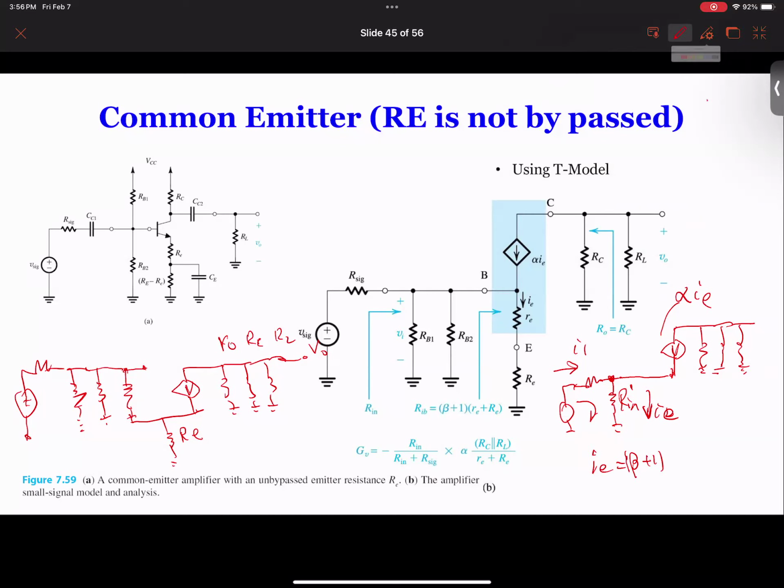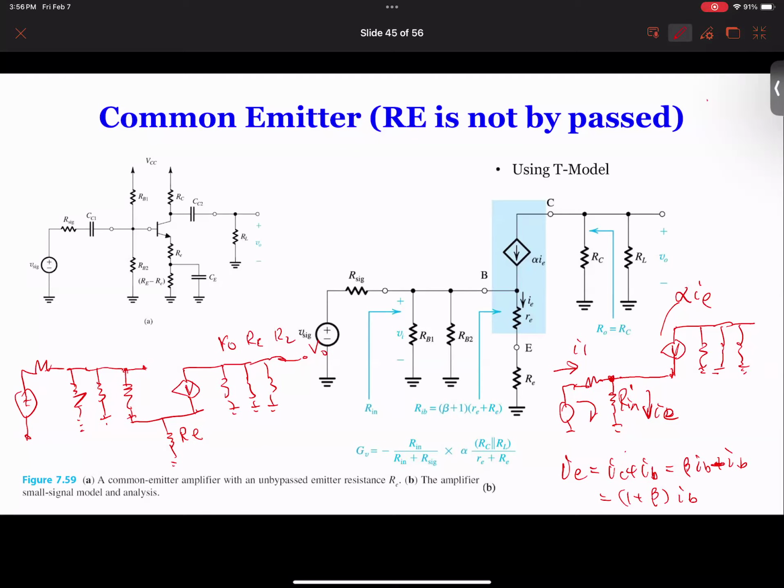Let me do this in an actually easier way for you to understand. IE equals IC plus IB, and IC equals beta times IB, plus IB. So therefore, this whole thing is equal to 1 plus beta times IB, right? Which means IE equals 1 plus beta times IB.